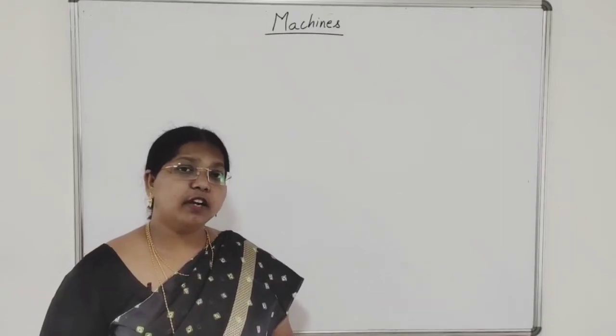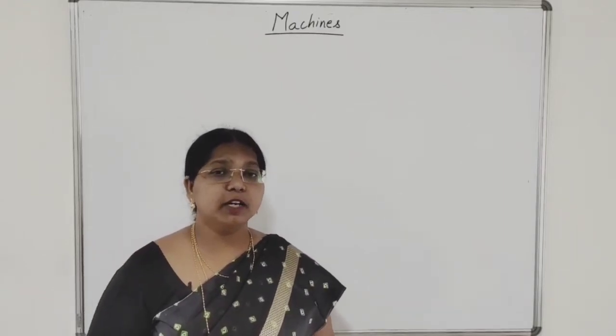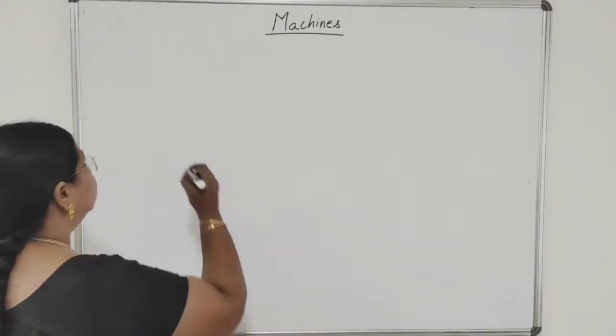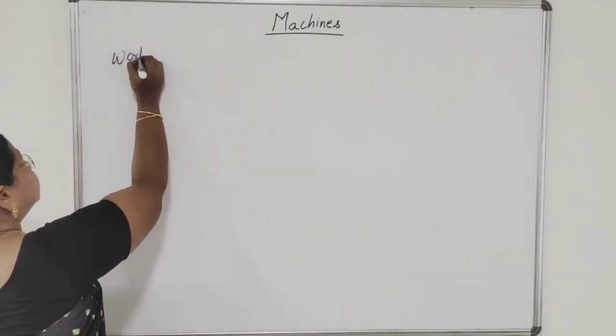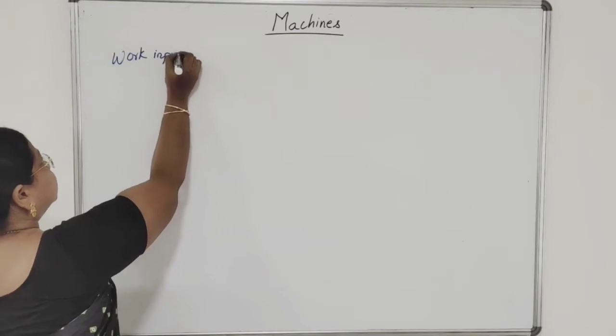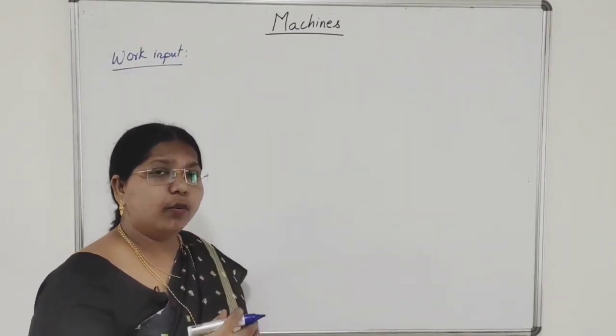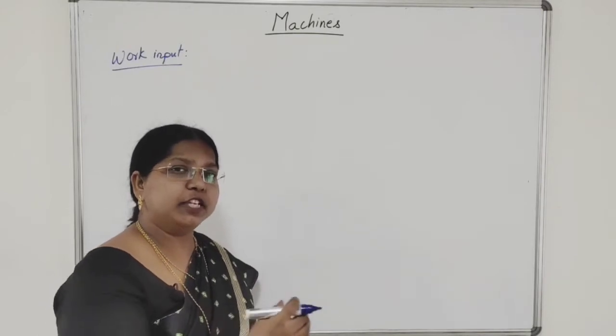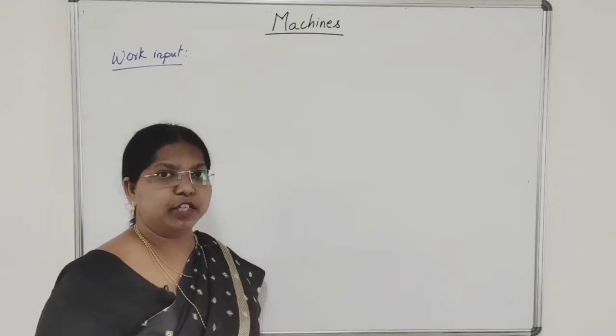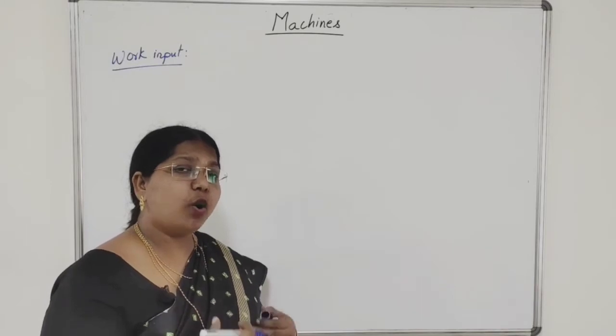Next one is work input. So what is this work input? This is the effort we are giving to the machine. Input, we are giving it to the machine. Work is done on the machine.